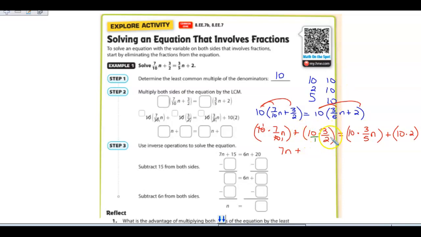I know that 2 goes into both, so I divide 2 by 2, which gives me 1, and 10 divided by 2 gives me 5, and then 5 times 3 is 15. On the other side of the equal sign, I'm taking 10 times 3/5 n. I'm going to simplify by dividing both by 5, and I get 2 times 3, so I get 6n. Can't forget the n. And then 10 times 2 is 20.